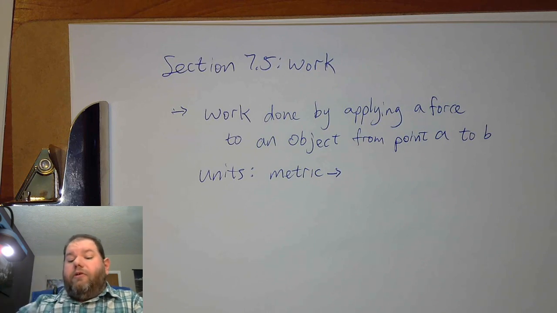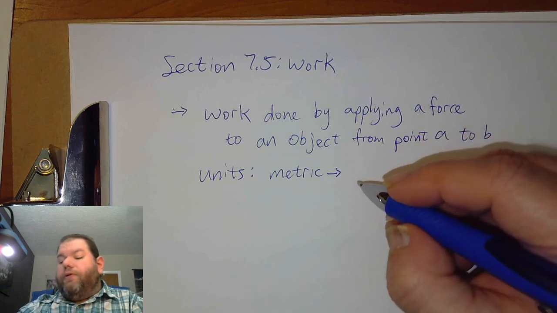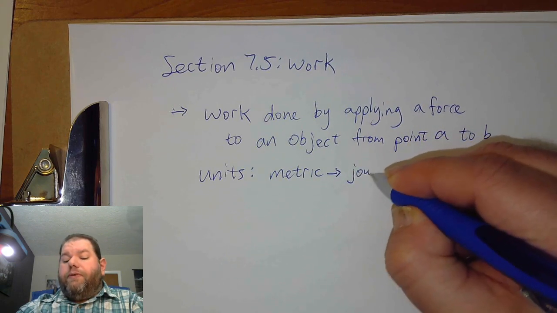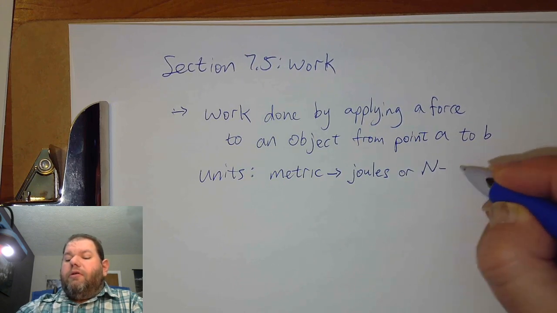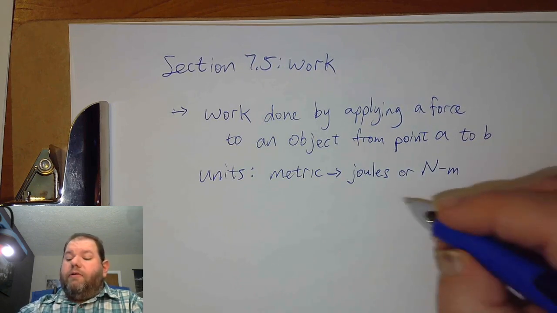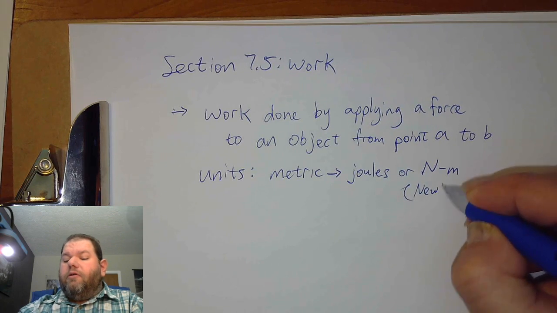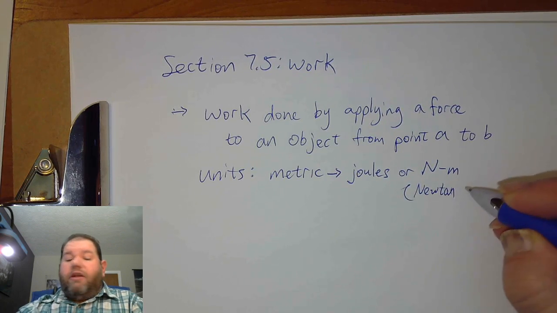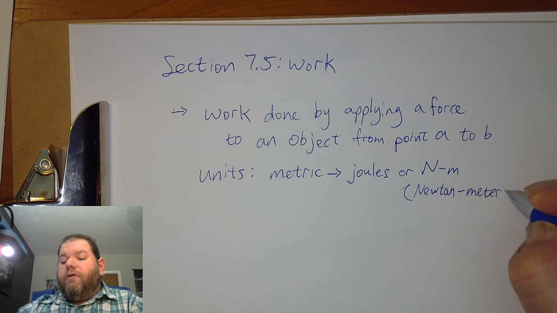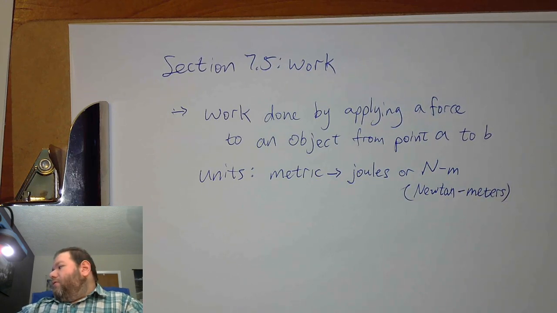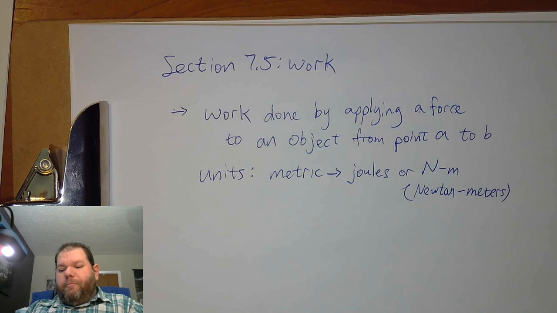So in metric, our units of measurement for work can be joules or Newton meters, for instance, which technically is the same thing as a joule. One joule is 1 Newton meter. But it's a lot easier to say joules rather than Newton meters.